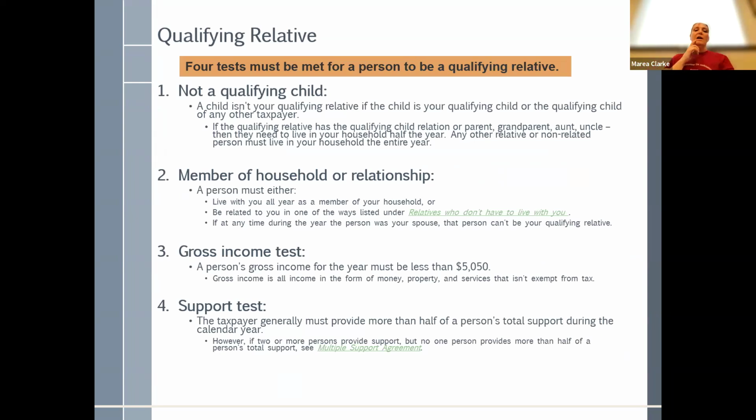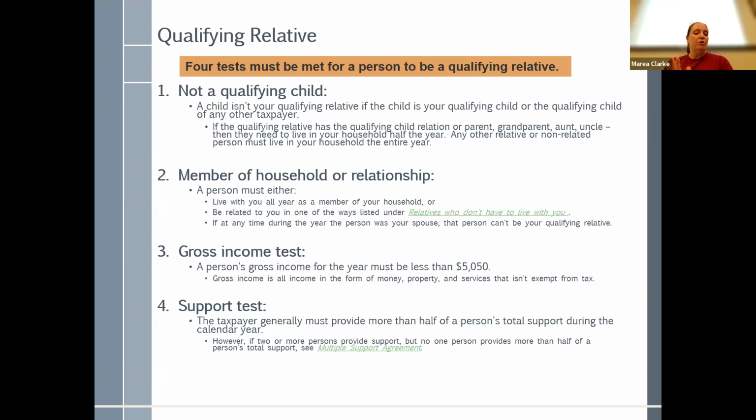All right. If you are not a qualifying child, you still could be a qualifying relative. The first test for that is that you're not a qualifying child. So if you don't meet the qualifying child tests, you may still be able to be a qualifying relative. This person must be a member of your household or have an appropriate relationship with you.